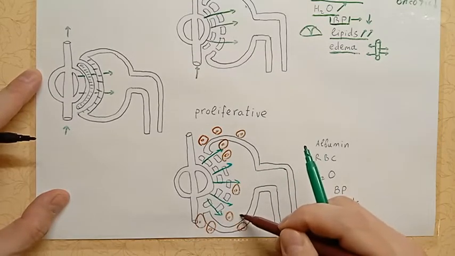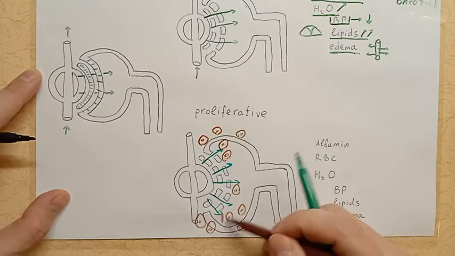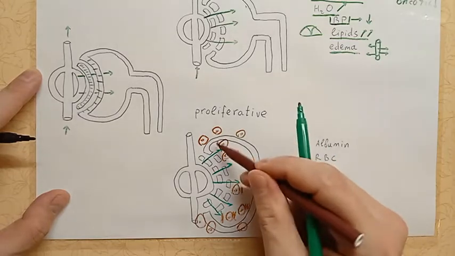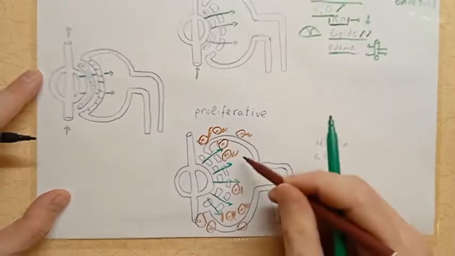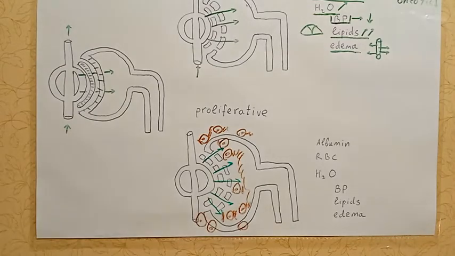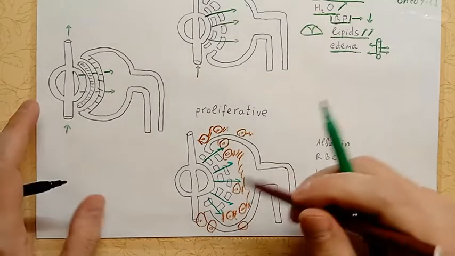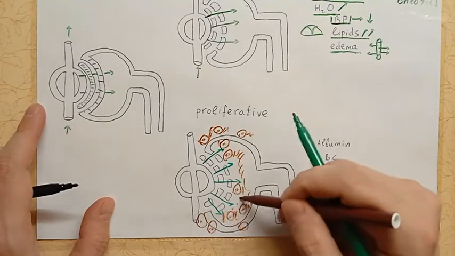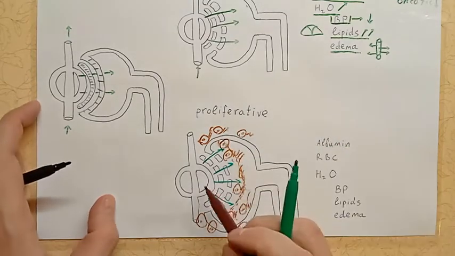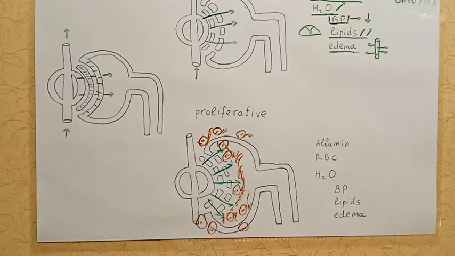This proliferation causes additional inflammation and additional edema that can lead to the creation of a barrier to the filtration.